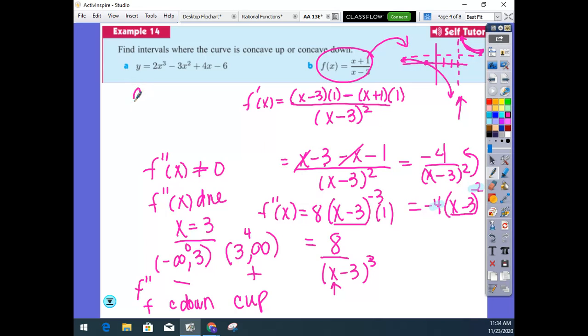So I've run out of room, but it's concave up from 3 to infinity, not including either one. Concave down from negative infinity to 3. Now, you might want to watch this video a couple of times just to kind of sink in, and then we'll do some homework.